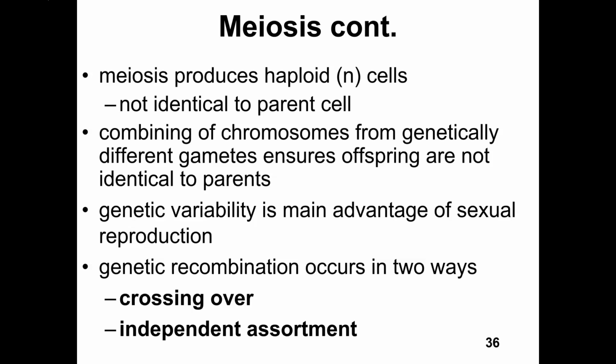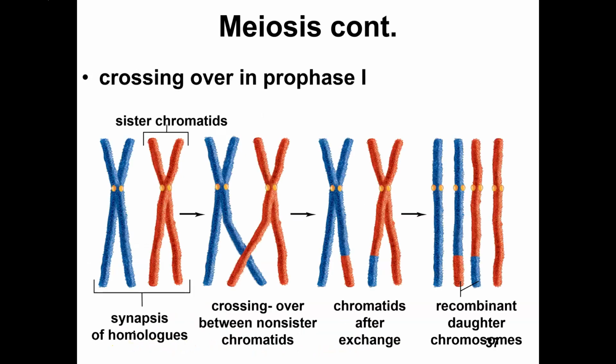But because the environment is ever changing, we have to change with it so that we can produce offspring that are better suited to the new environmental pressures. And that's what sexual reproduction does. It gives us the ability to produce offspring that are better suited to the environment. And so there are two major ways that this occurs. That is through this process called crossing over and this process called independent assortment.